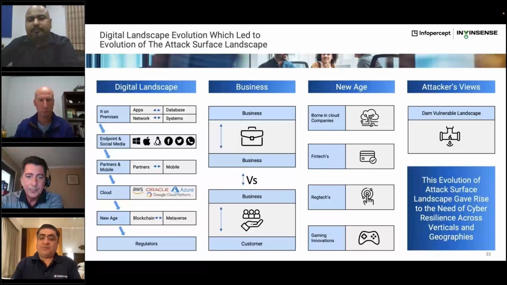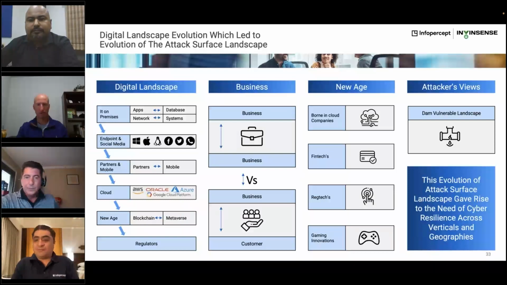And the kind of business that would be there, when we talk about stock exchange, it's more B2B, where the landscape is very different. The kind of challenges that we see will be very different. When it comes to an industry like gaming, it could be both B2B and B2C. So again, the challenges with respect to security and privacy will be completely different. And the challenge is that all the new age companies are bringing in their own platform and their own interface.